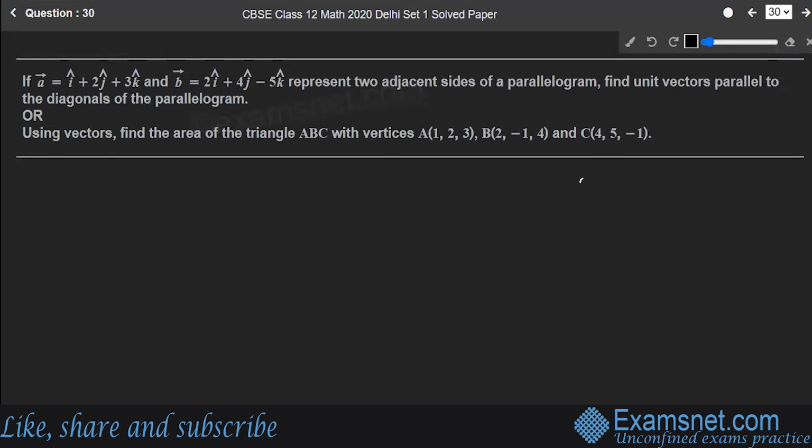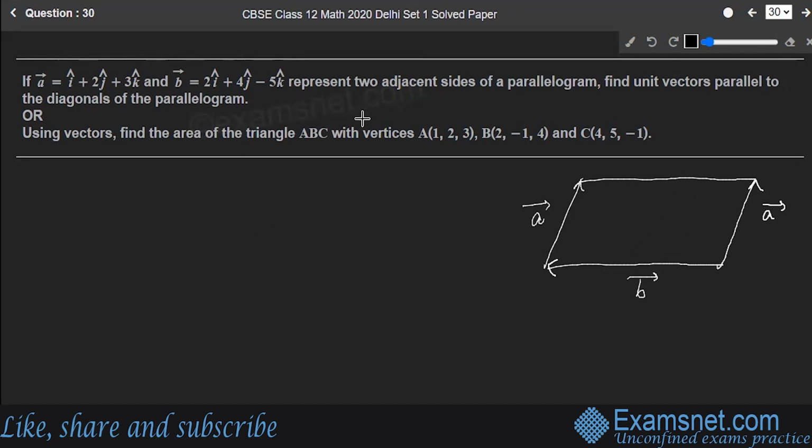So let's make the parallelogram. Here we have the parallelogram. So this is your vector A and this is your vector B. Fine.